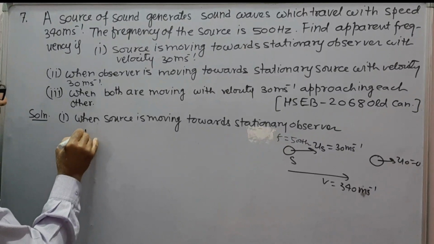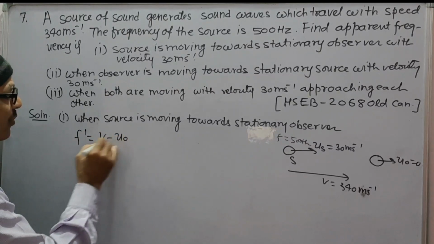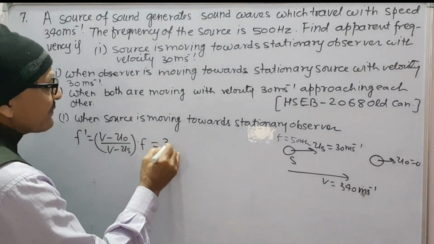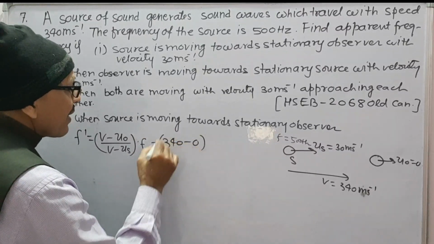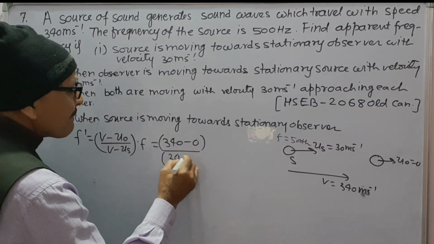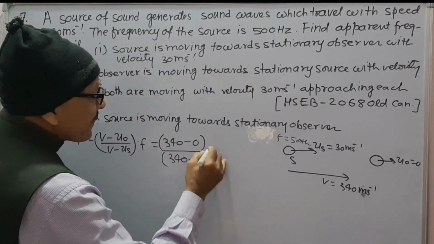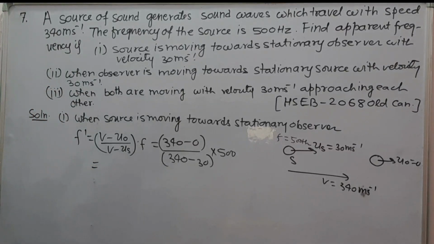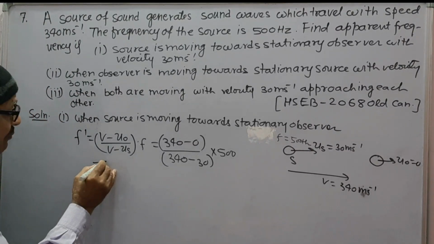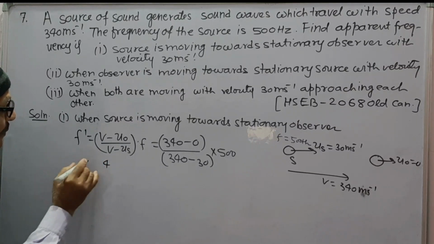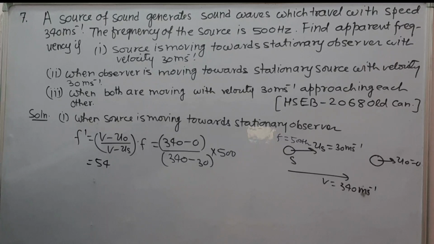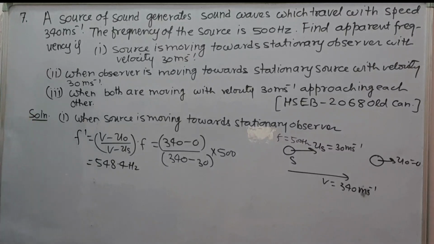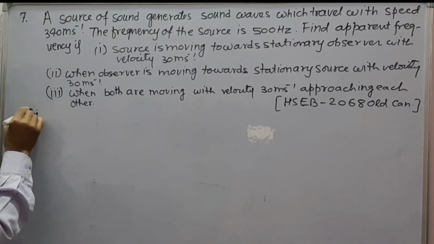Therefore, f dash will be equal to (v minus uo) upon (v minus us) into f, 340 minus 0 upon 340 minus 30 into 500, which gives apparent frequency as 548.4. First case.